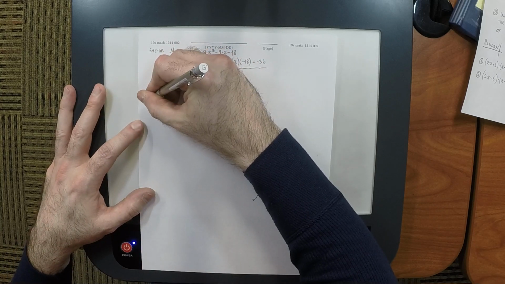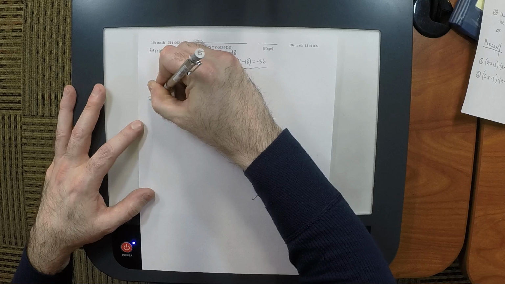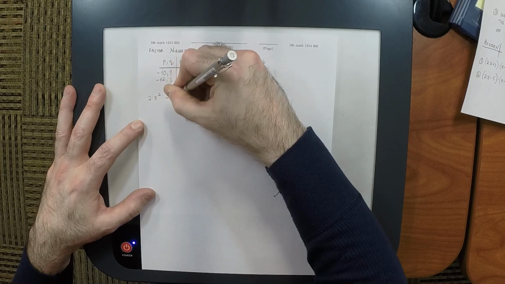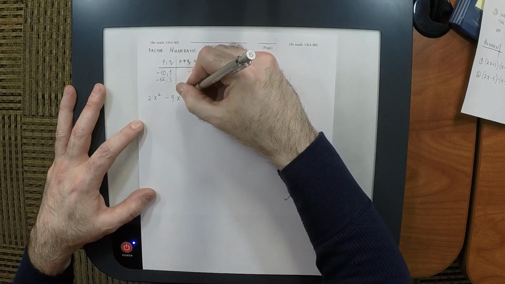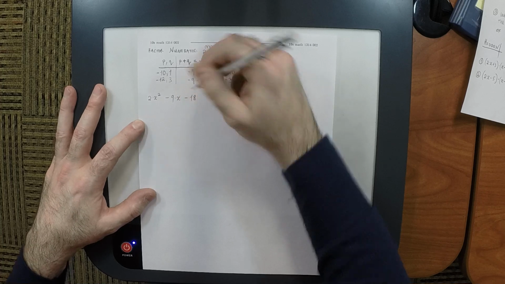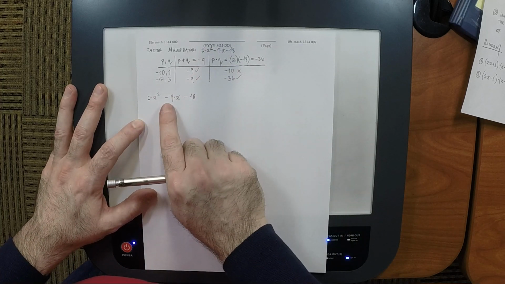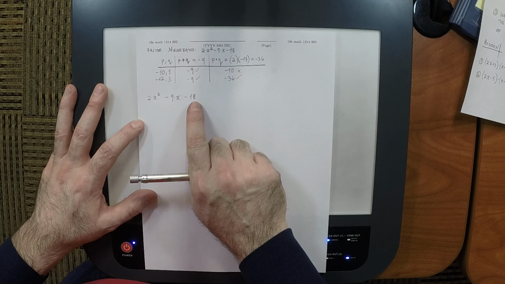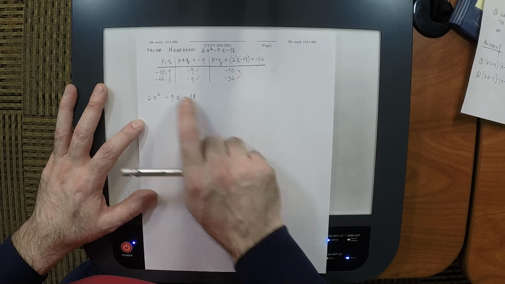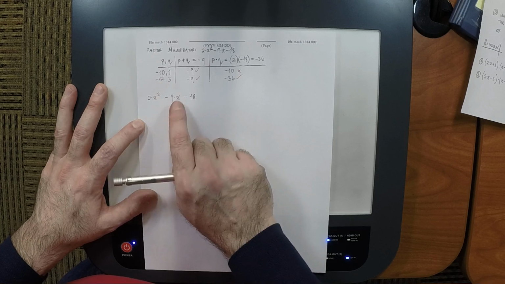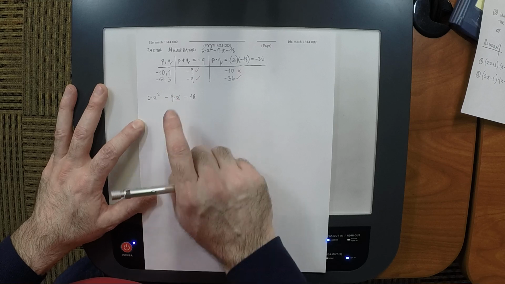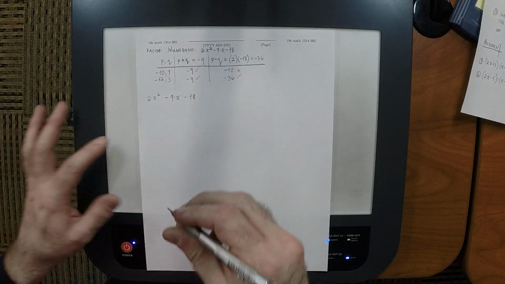So we're going to take 2x squared minus 9x minus 18. Now, as written, that quadratic, how many terms are there? There's 3. And the purpose of those numbers is so we can split this term into 2 so that, in some sense, there'll be 4 terms.